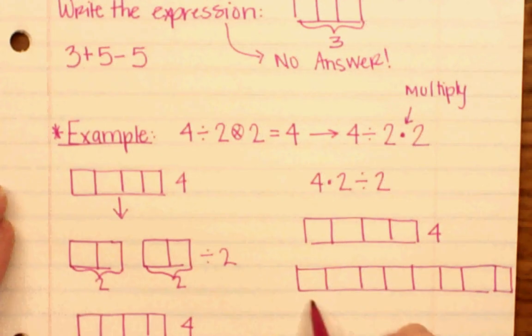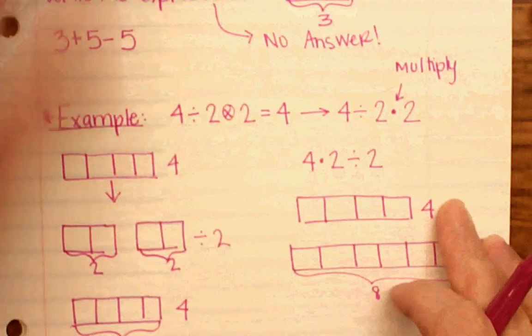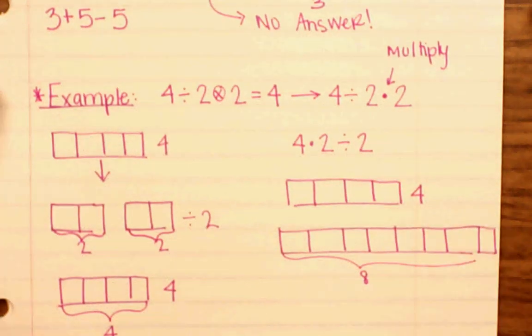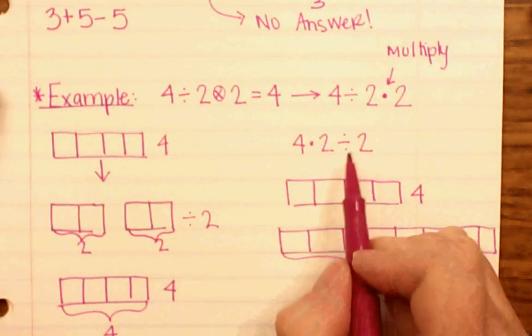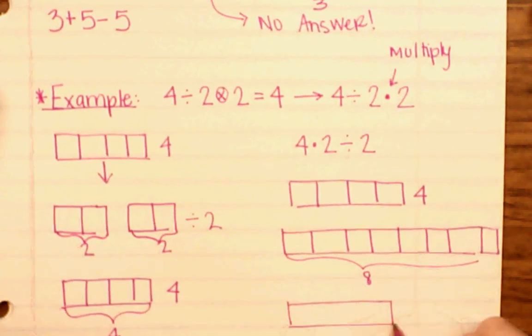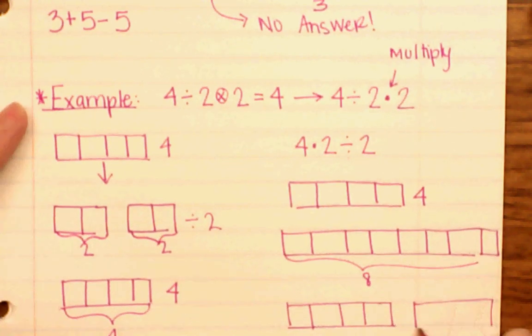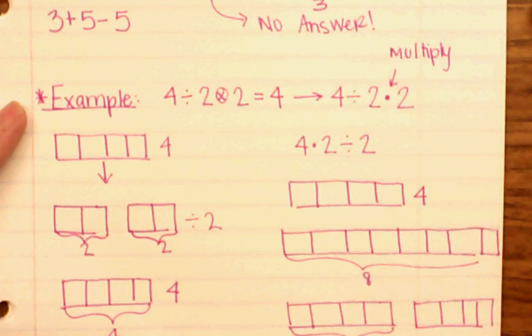And that equals 8. And then, to break it, divide it back down into 2, you make 2 groups, and the answer comes from how many is in one group, which is 4.